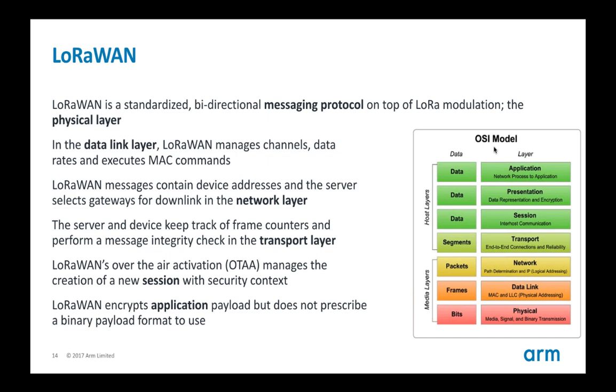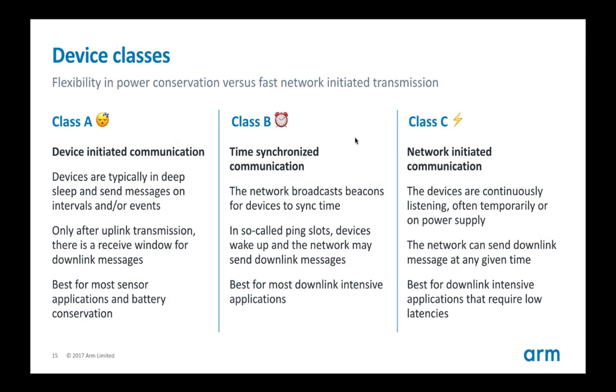There are three device classes in LoRaWAN. First, we have Class A. Class A devices are typically in deep sleep, and they send messages on intervals or events. So these are the typical sensors. They are in deep sleep all the time, and then when something happens or on an interval, they send a message.